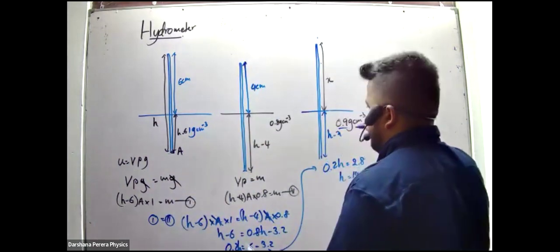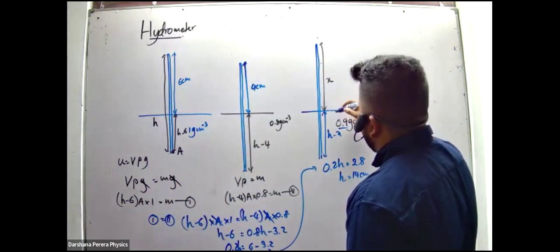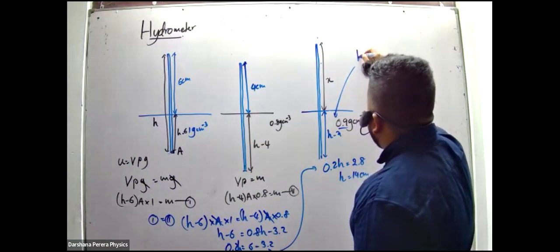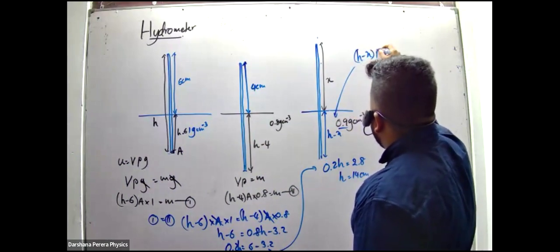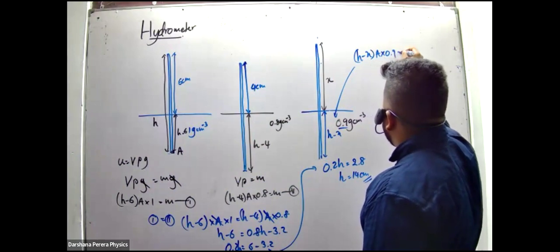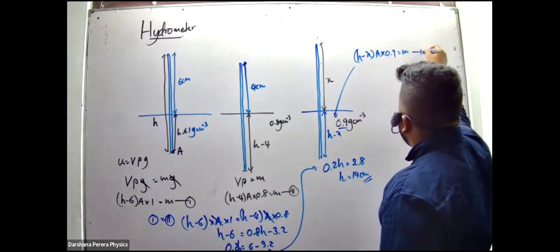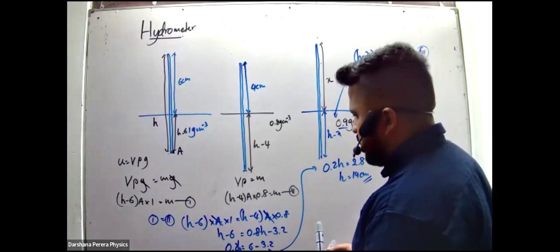In this case, I take h minus x into A into 0.9 equals m. I take this as number 3.